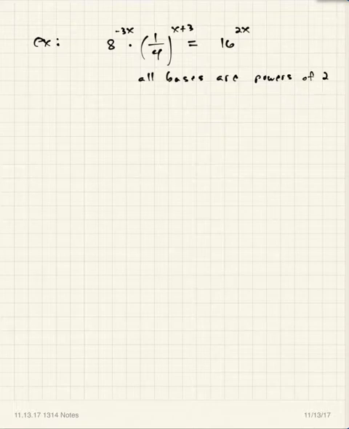It's just going to take us a little bit to do this. Just take it slowly, take it one step at a time when you do this. So take the 8, the 4, and the 16, and write them all as powers of 2. The 2 squared is 4, 2 to the 3rd power is 8, and 2 to the 4th power is 16.